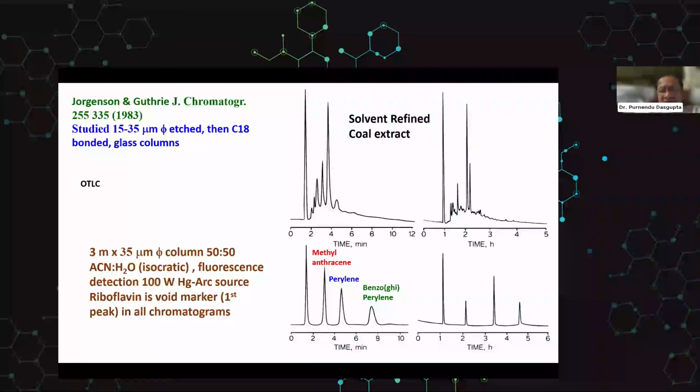This is all being done by fluorescence detection. And they're demonstrating it with small molecules on the bottom, where you see these fluorescent molecules being detected. They're using a powerful mercury arc lamp and detecting the fluorescence. Nothing very fancy.